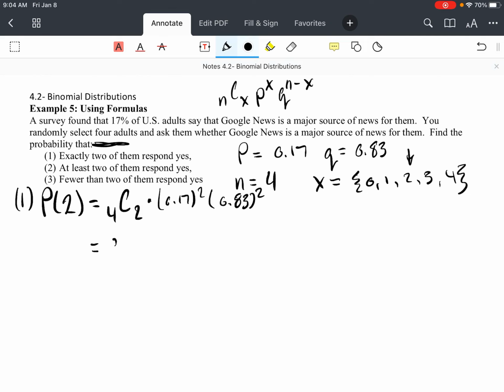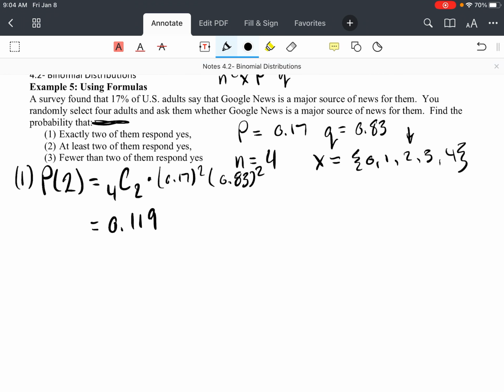And again, I'm just going to leave this to you to do in the calculator. So this would be 0.119. Okay, or there's about 11.9% chance that exactly 2 of them will indeed use Google News as their major source.